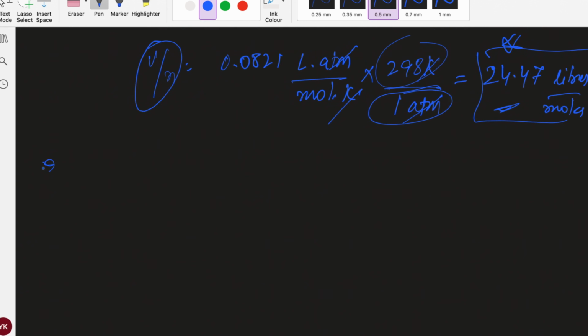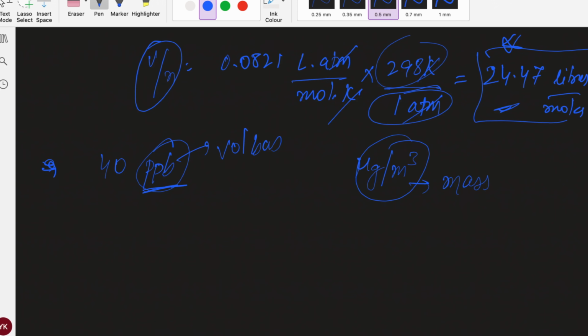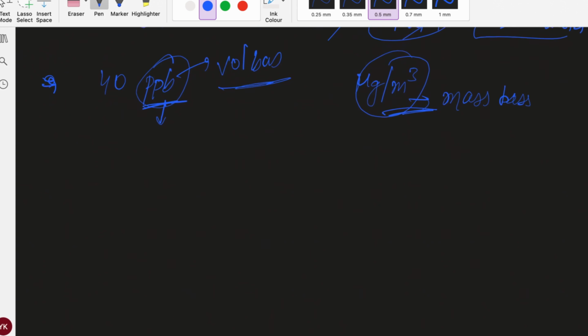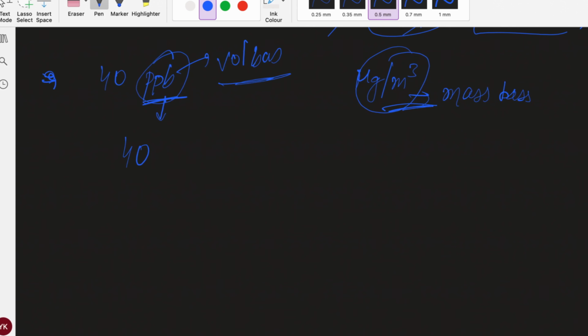Now we have been given this 40 ppb. What does ppb mean? ppb is a unit on a volume basis, while microgram per meter cube is a unit on a mass basis. ppb simply means that 40 parts of a species are there in 1 billion parts.